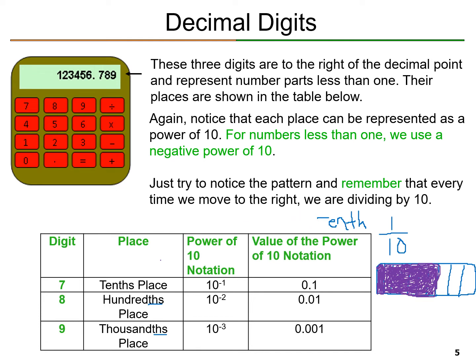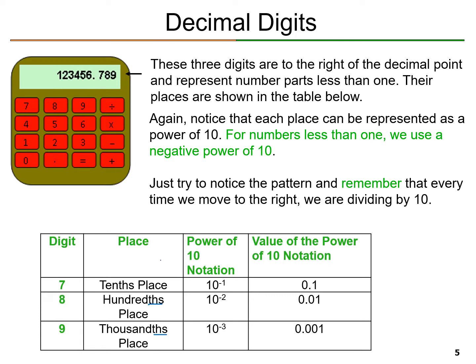Okay, let's go over to the hundredths place, and let me try to give you an idea of what a hundredth is. So again, I'm going to draw my square.